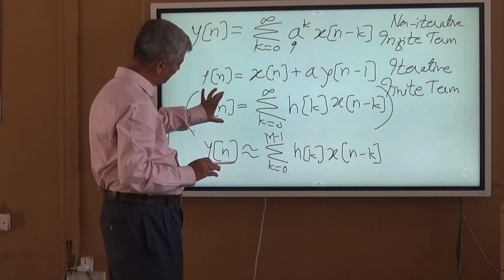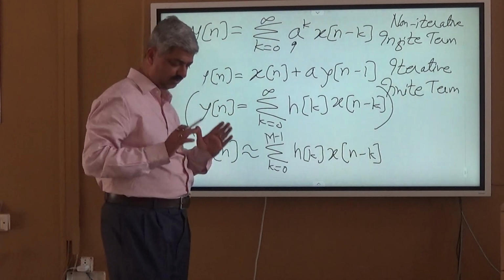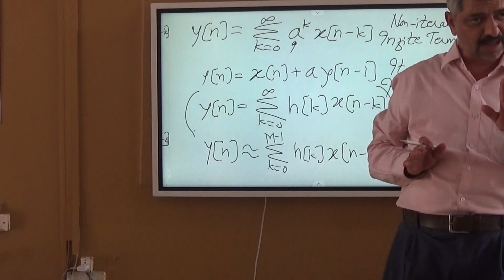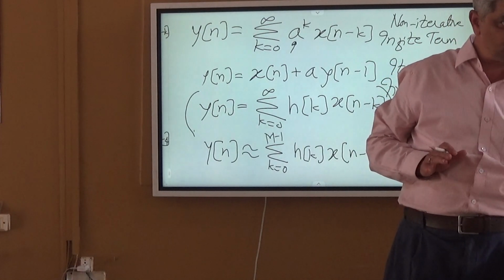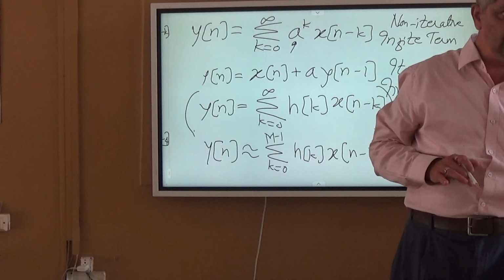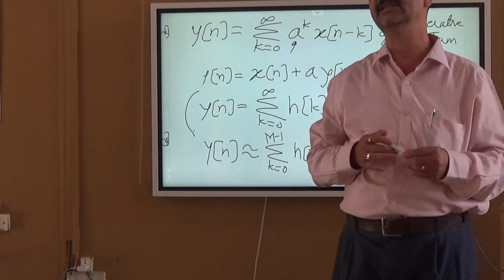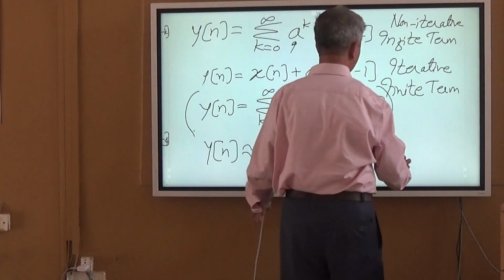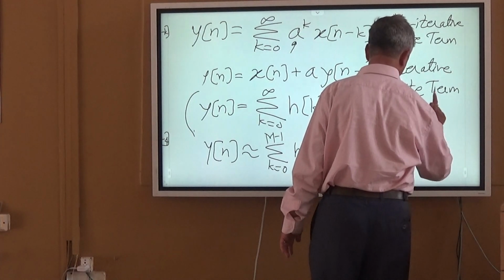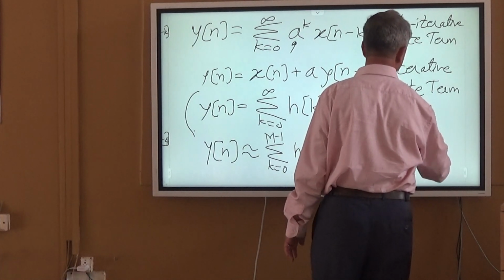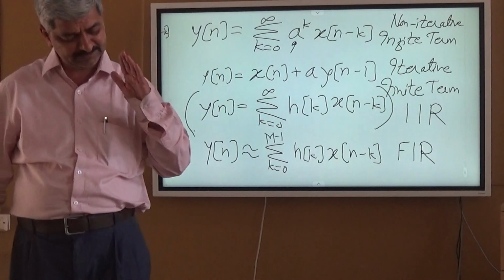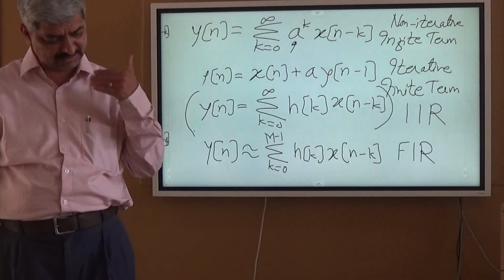This is the alternate expression of this form. So the current output is a combination of current and previous inputs, whether previous few or previous all. If it is previous few, it is called FIR, finite impulse response system, otherwise it is called IIR, infinite impulse response system. All those classical terms we will elaborate later.